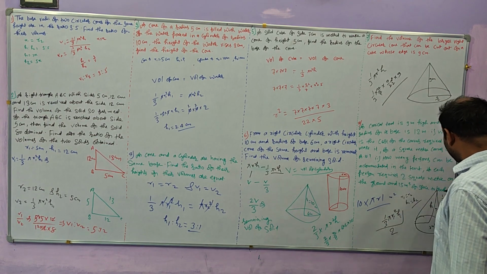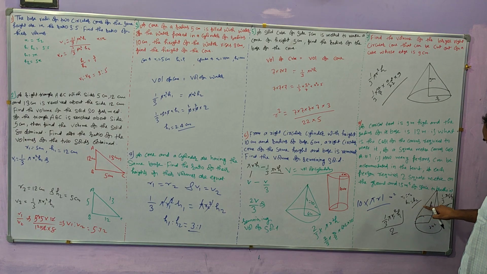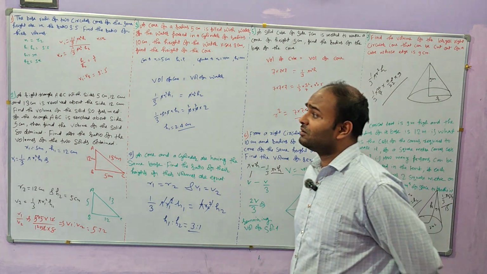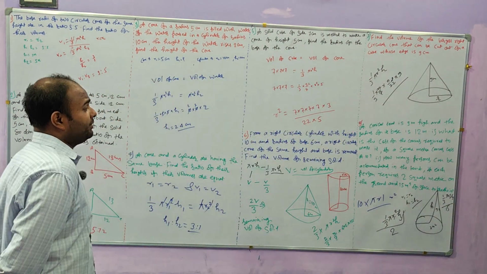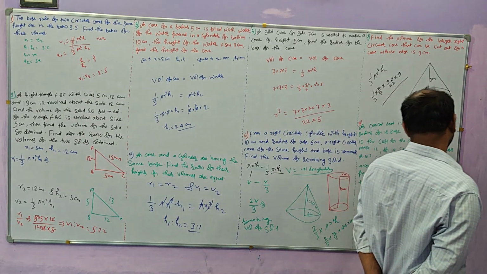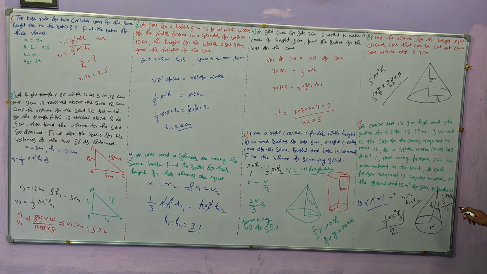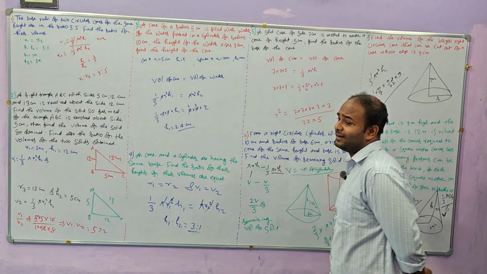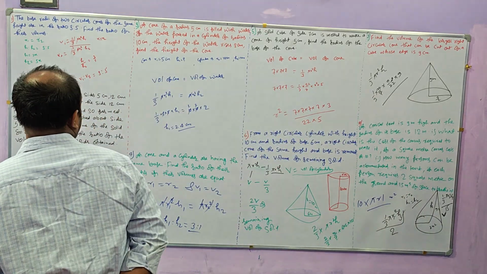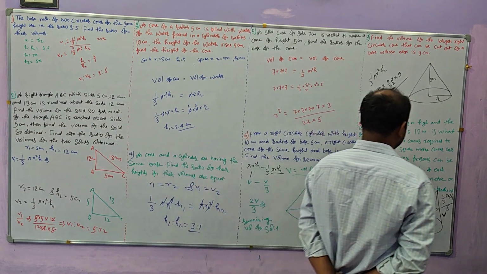So in this case, we directly say 1/3 pi R2 H2 upon 50, and that's the least in both of them to define the persons accommodated in the tent. So this is the case.